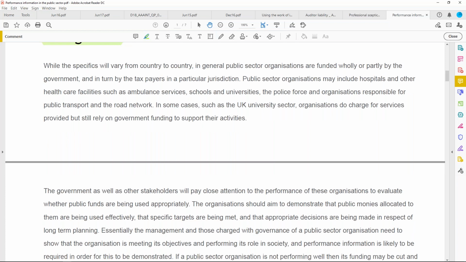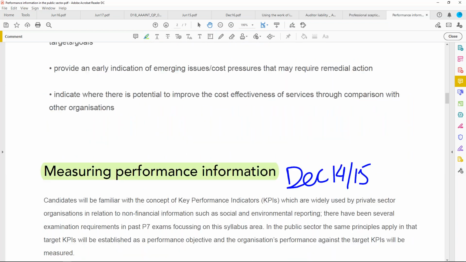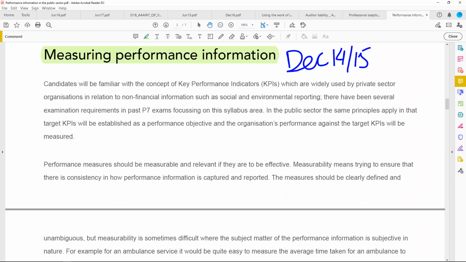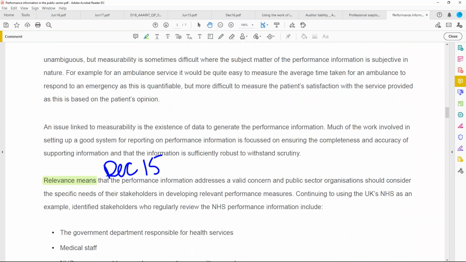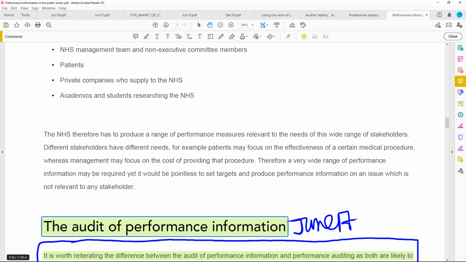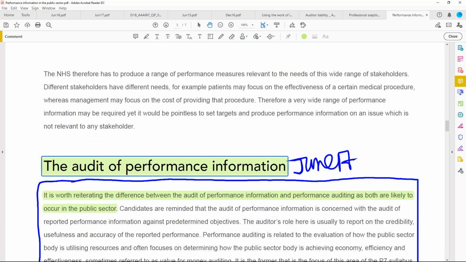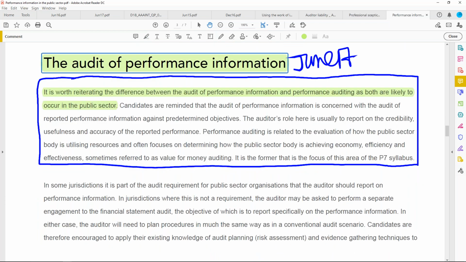Now, when you go from the background down, before I come to the other pages of this article, there is a paragraph which exactly tells you what is the topic, audit of performance information. Can you see on page number 3, there is a heading, audit of performance information? Can all of you see that?